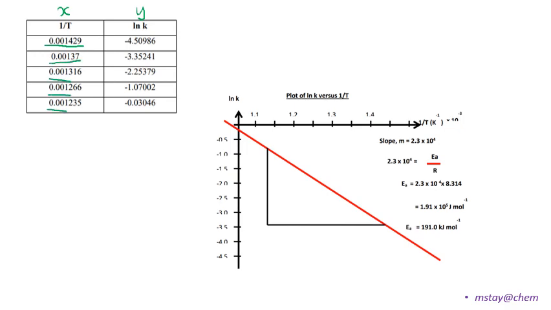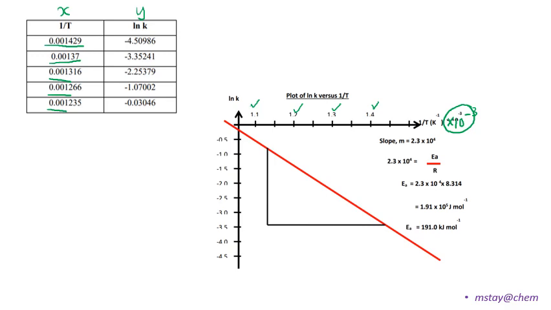In the graph you will notice they have to mention 10 exponent negative 3, so that here you will show 1.1, 1.2, 1.3, 1.4. Then the scale will be more suitable and allow you to determine the gradient.